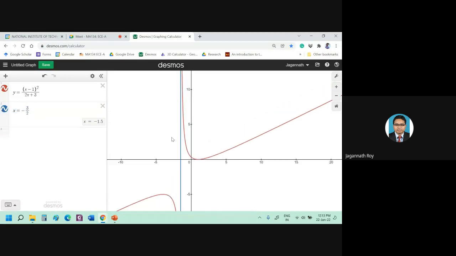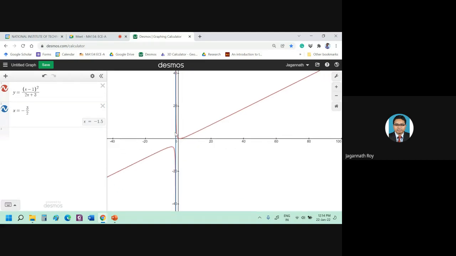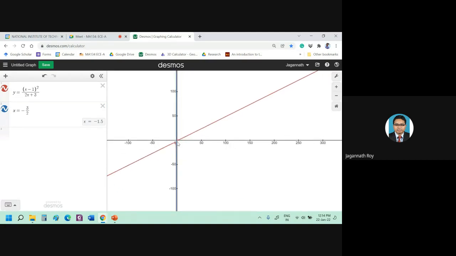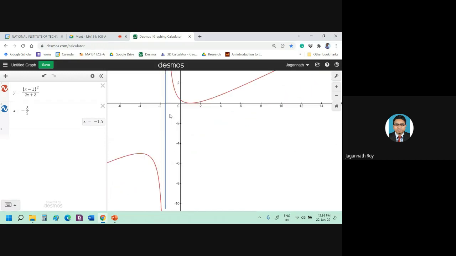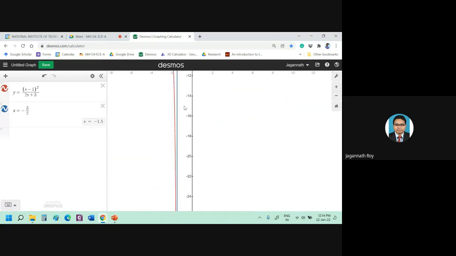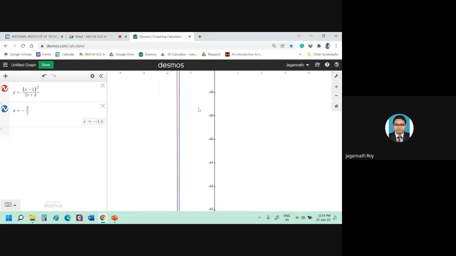So if you zoom it, you can see that apparently it looks like it is actually matching at the 1.5 minus 1.5 point. But if you zoom it and if you take it outside, no matter how long you go, here also, there also you can see the difference.